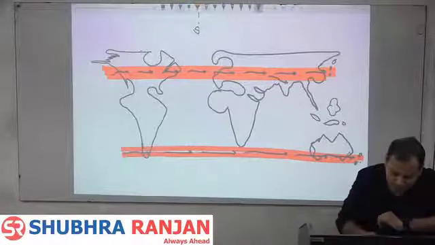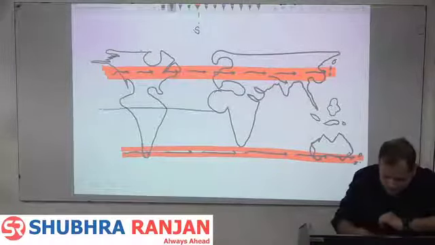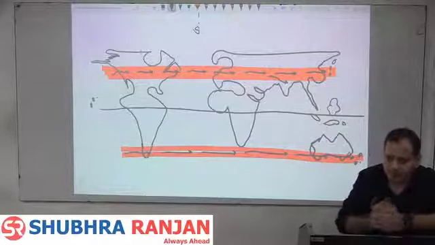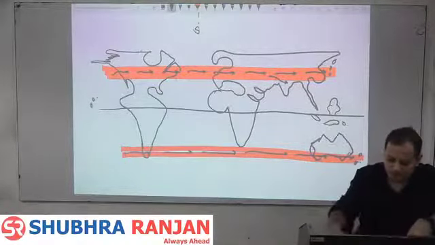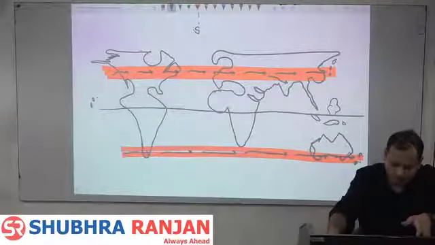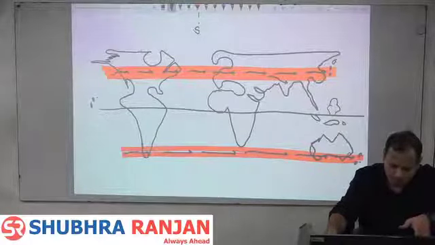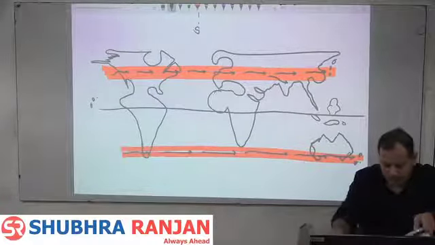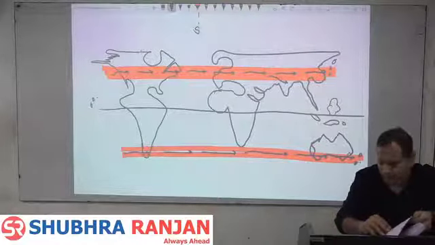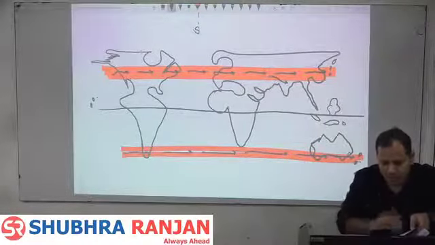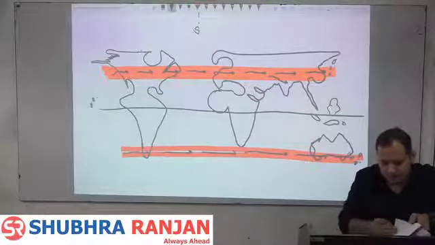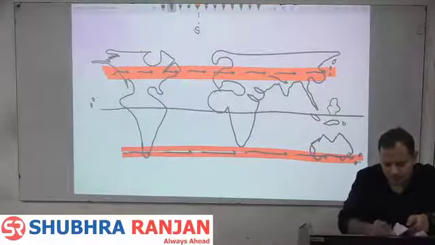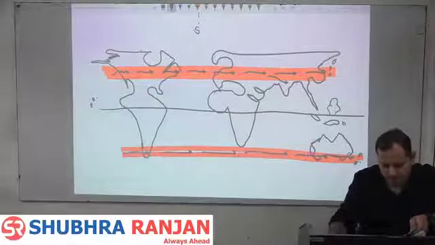These are the lines of the temperate cyclone. Equator. Can I continue?